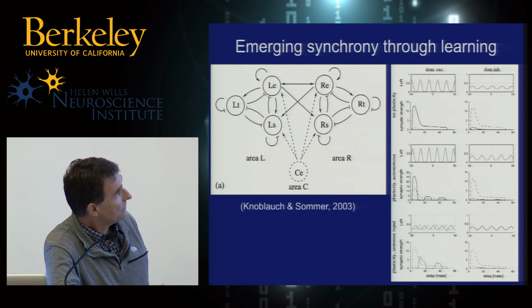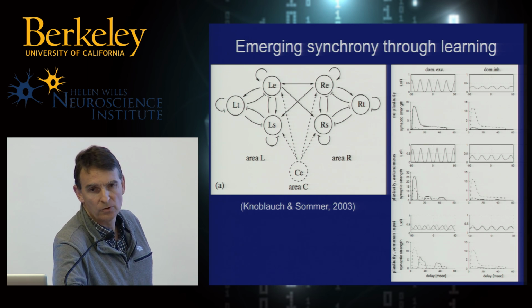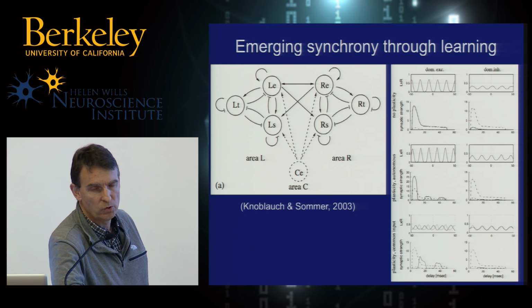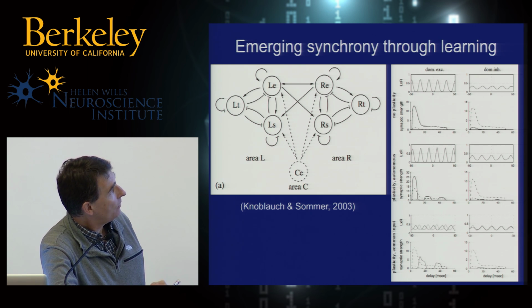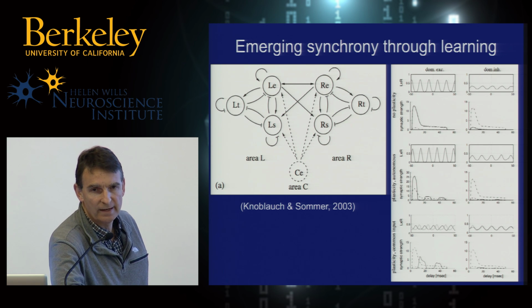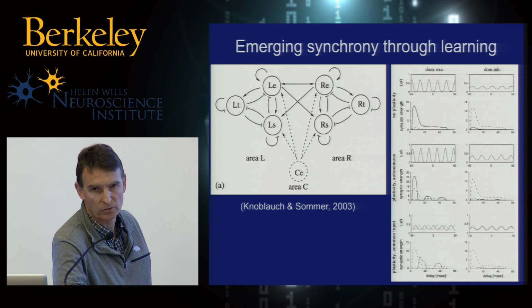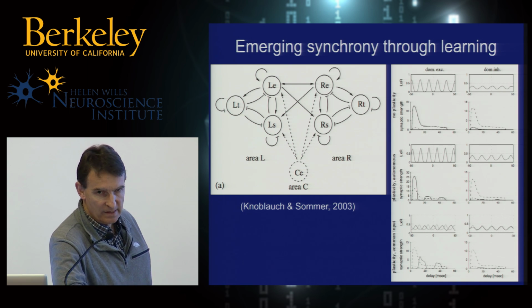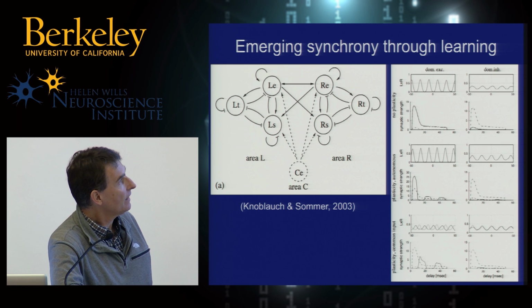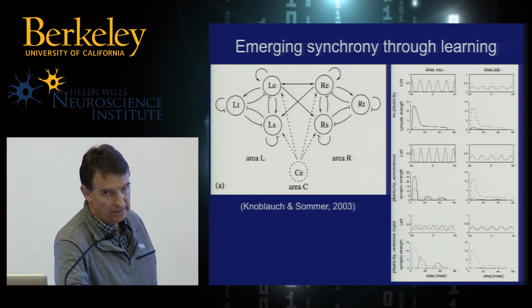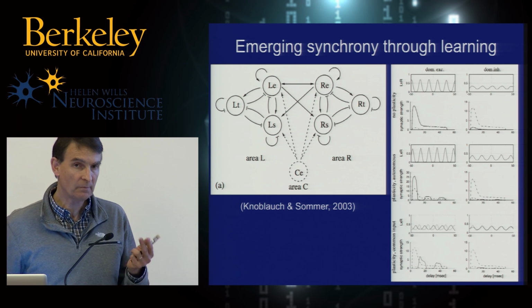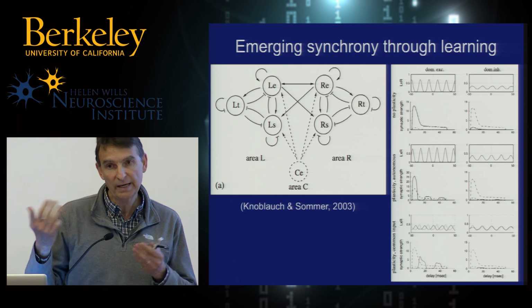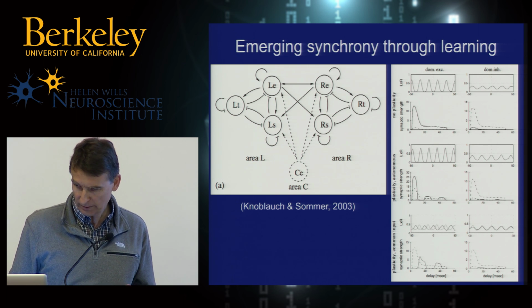You don't see in-phase synchrony between the two regions, because the delays are on average too long. But we could show that if you assume STDP learning rules, then very quickly you can establish zero-phase synchrony between these two regions. So conduction delays, at least for long-range connections, definitely cannot be neglected if you think about how communication takes place in the brain network.